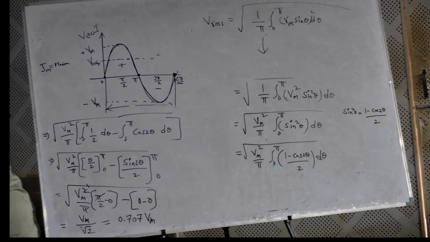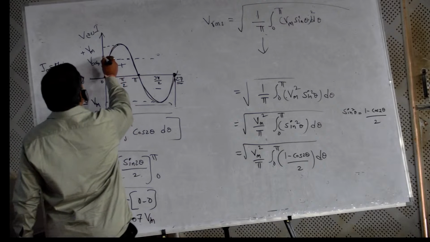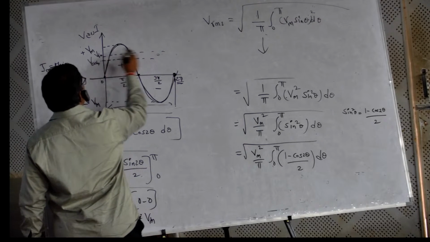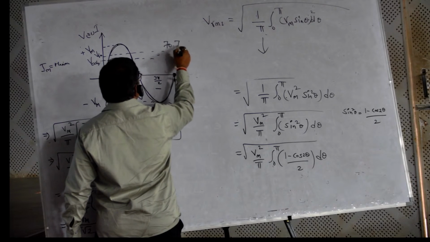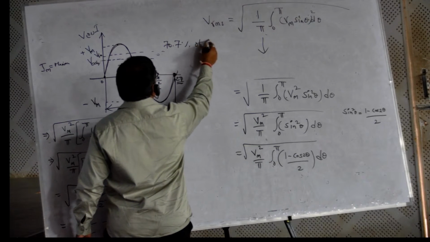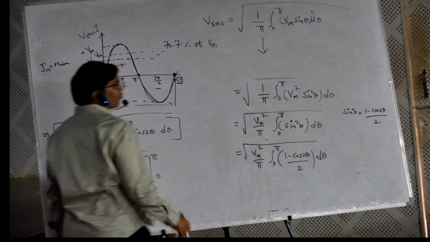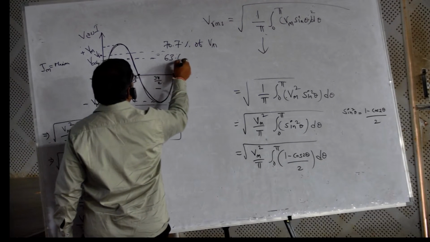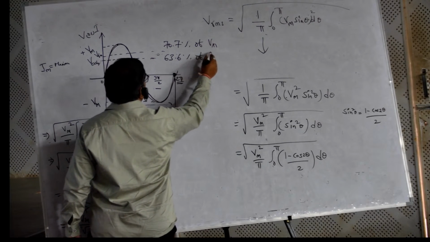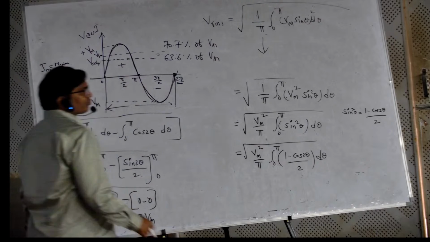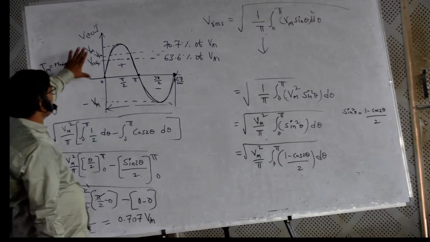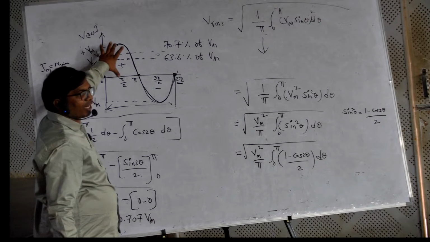It means 70% will get the RMS value. Average value is 63%. It means we are not taking the maximum value.